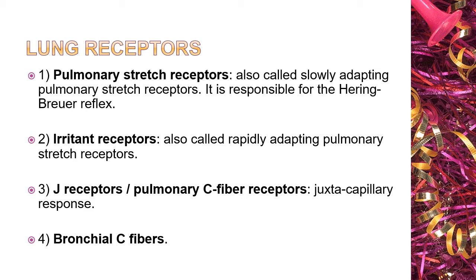When one person, for example, is exposed to irritants such as cigarette smoke, and you accidentally inhale it, this will trigger the irritant receptors and cause a response such as coughing it out. Irritant receptors can be found in between the epithelium of the respiratory tract.